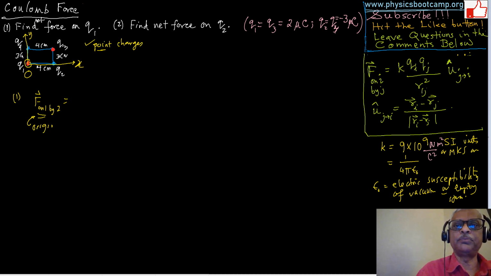Okay, so going back here, I have K. I'm just going to leave it as K, and Q1 is 2 microcoulomb, so 2 times 10 to the minus 6.